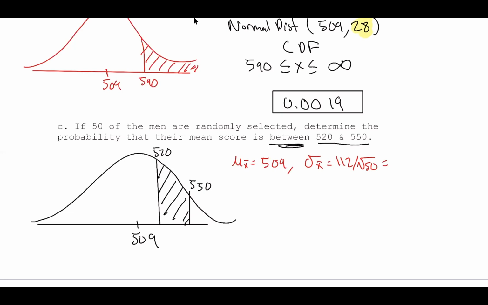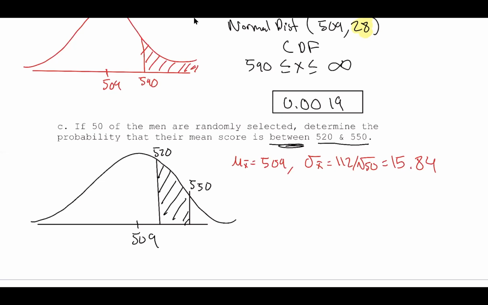If you do 112 divided by square root of 50, it's 15.84. So that's my new standard deviation. Instead of putting 28, we have to change it to 15.84.